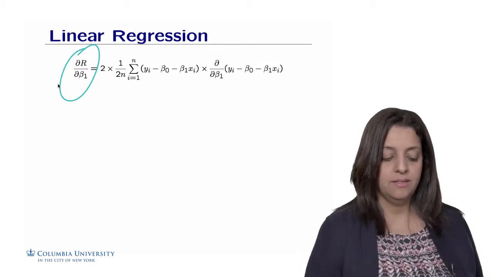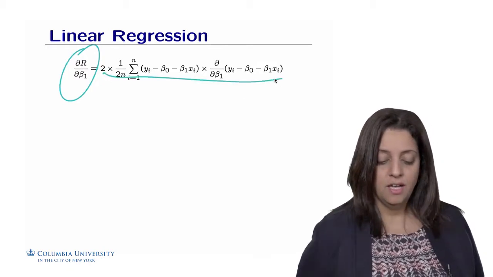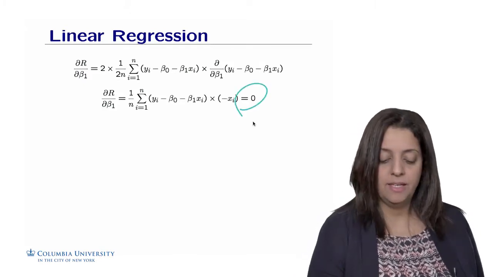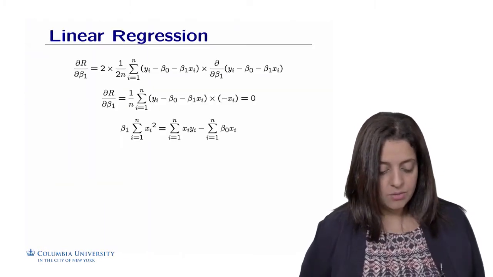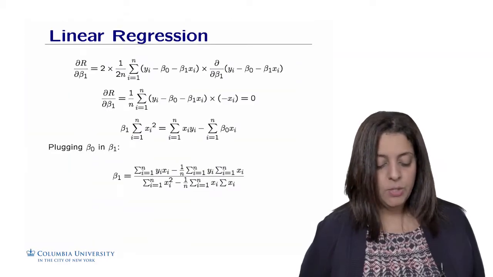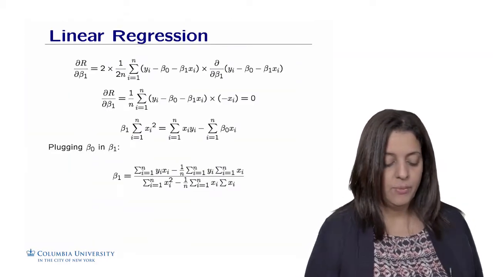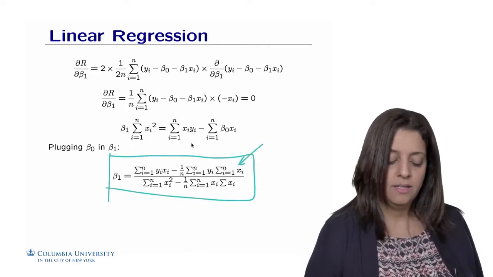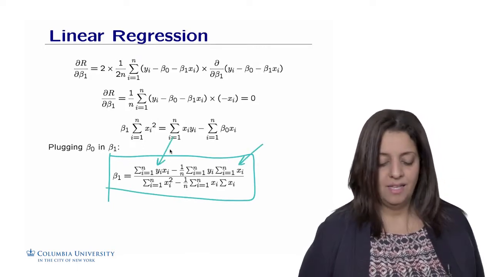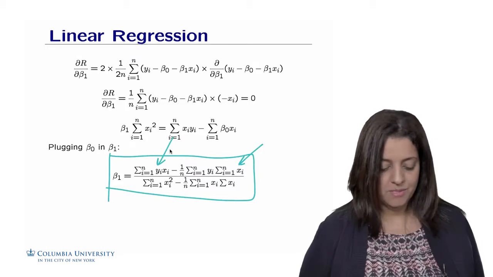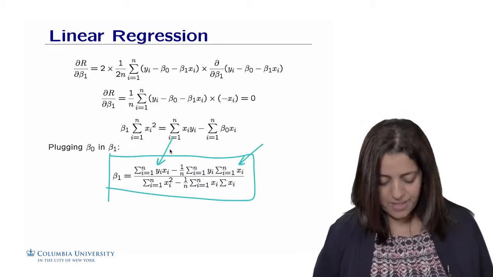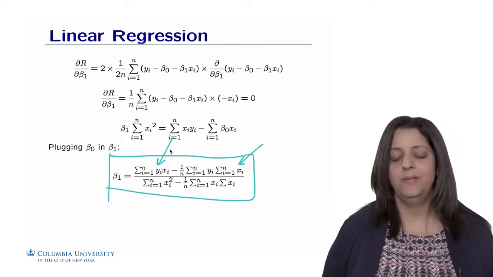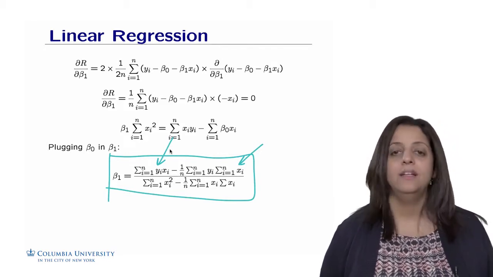We calculate the derivative of the risk function, simplify it, and set it equal to 0. This will lead to the formulation of beta 1, in which we plug in beta 0, and we finally get a beta 1 that only depends on the data itself, which is the features and the labels. Given beta 1, we could always go back and plug that into beta 0, and we also express beta 0 in terms of the data we have.